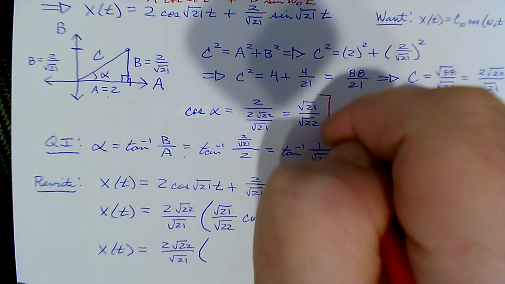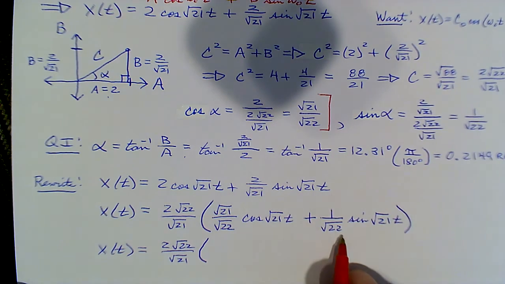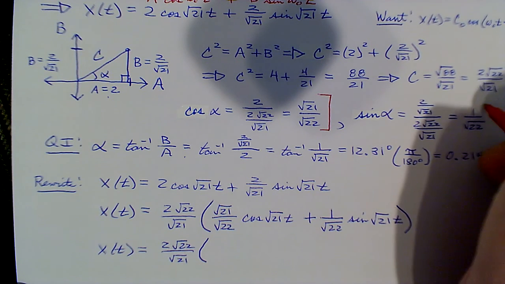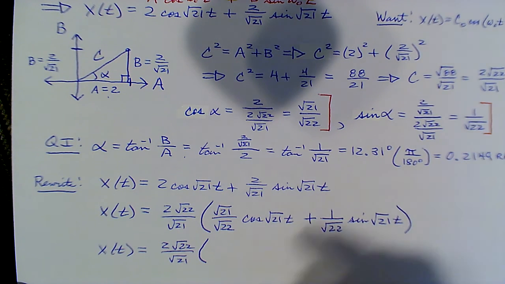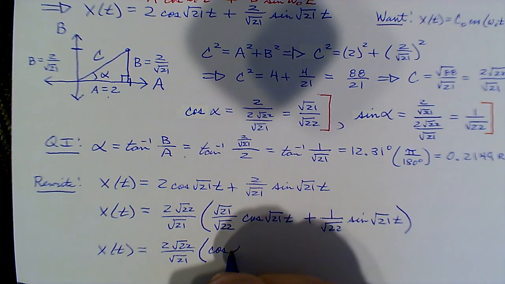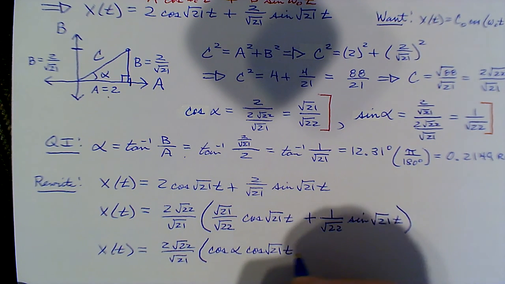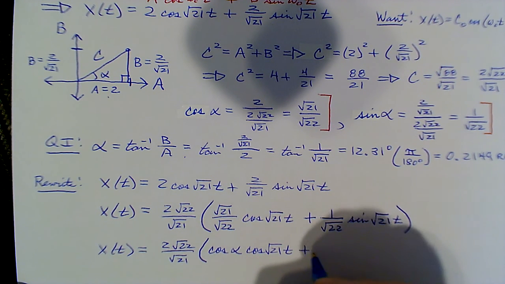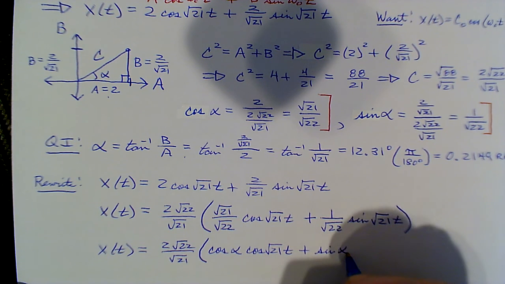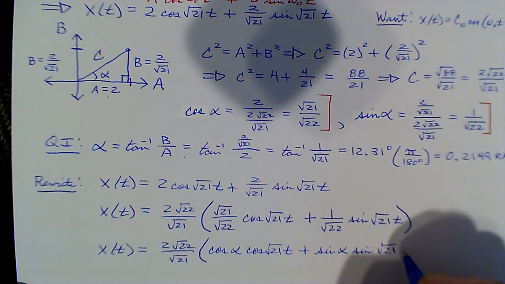So note that here. And also note that the new coefficient of sine, 1 over the square root of 22, is the sine of alpha. So therefore we could write this as cosine alpha, cosine square root of 21 times t plus the sine of alpha times the sine of the square root of 21 times t.